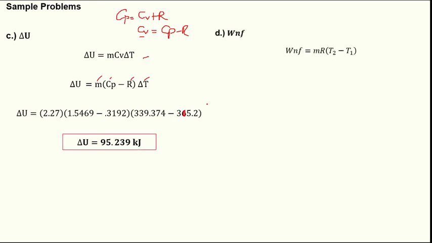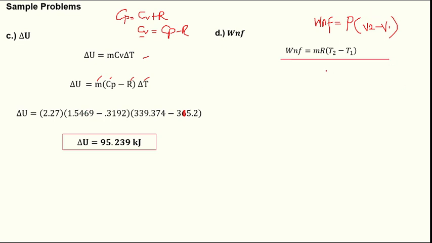Then last, for the work non-flow, sabi ko nga pag isobaric, work non-flow and work steady flow, as is kung ano yung formula natin, hindi siya nababago. Work non-flow is equal to mR(T2 minus T1). Kanina yung ginamit natin, work non-flow is equal to P(V2 minus V1). But since yung sabi ko nga given natin dito ay in terms of temperature, dalawang temperature yung given natin, para hindi na natin itong kuning dalawa, ito na lang yung formula na gamitin natin.